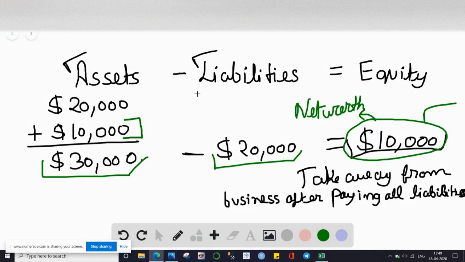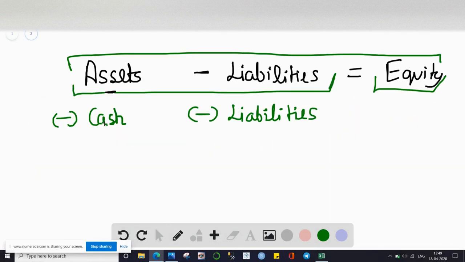If you are paying liabilities, of course the 20,000 you will receive later after 30 days, but this 10,000 is at your hand for disposal, so you will use it. If you use it, this will be decreased. That is why if you pay your liabilities, they will get decreased, and your asset side will also get decreased. Leave the impact on the equity right now because it is not relevant in our question.